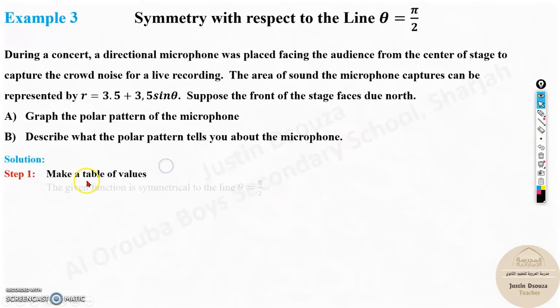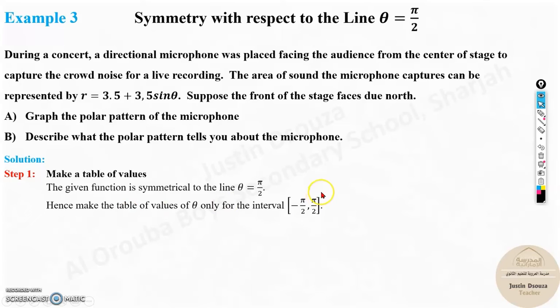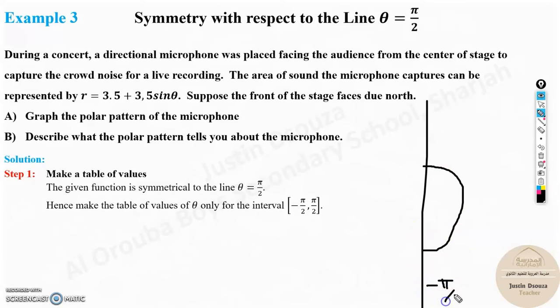Let's do it. Same as the previous problem, make the table of values, but remember it is sine, so it is symmetrical with respect to the line pi by 2. So all that is over here will be symmetrical to the left side. So just plot from negative pi by 2 to pi by 2.